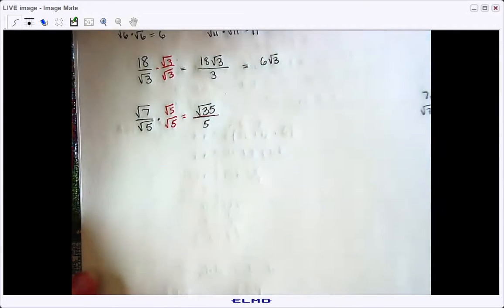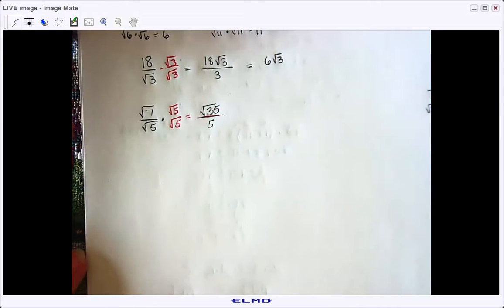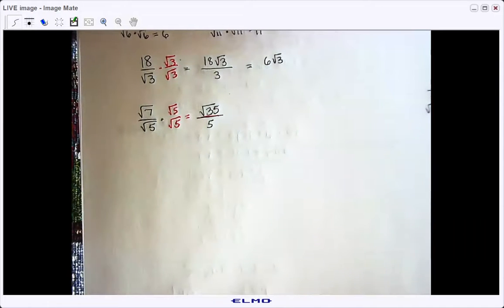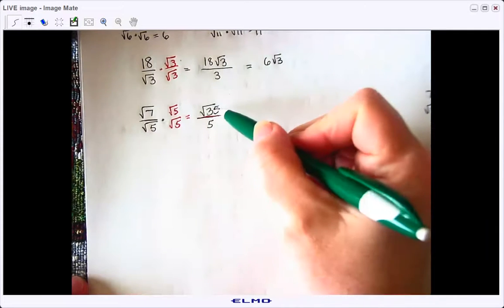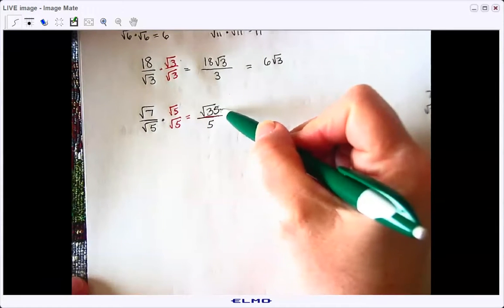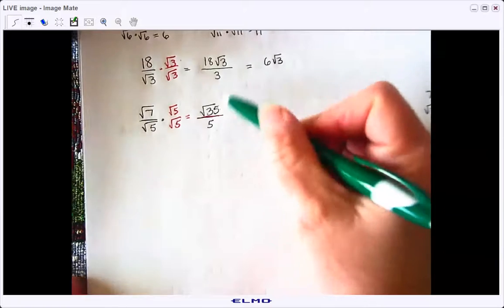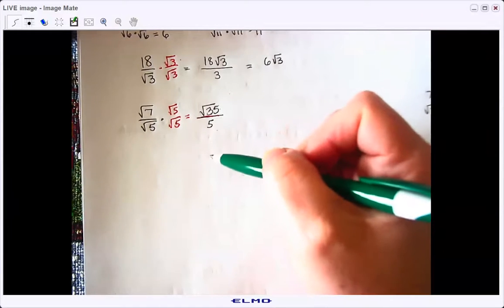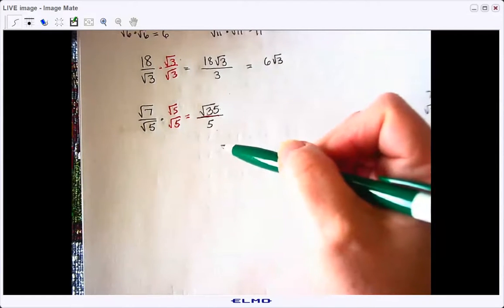Now think about this question before you answer. Can I divide the 35 and 5 and get 7? Yes. Does anybody disagree? No, because 5 is an outside number, 35 is an inside number. That was kind of a trick question. You cannot divide them as they are.